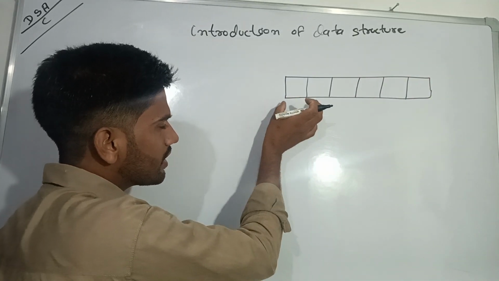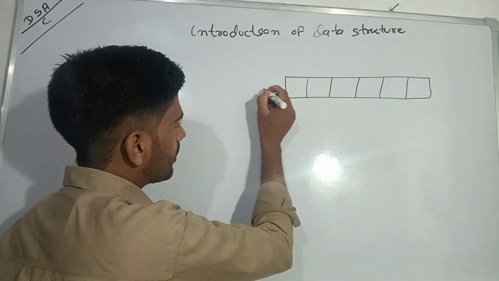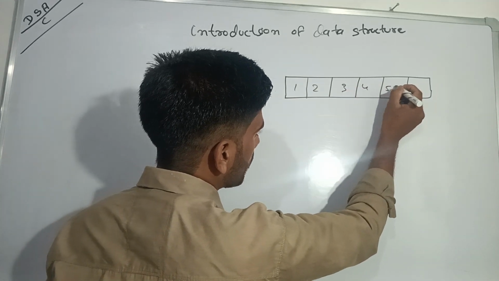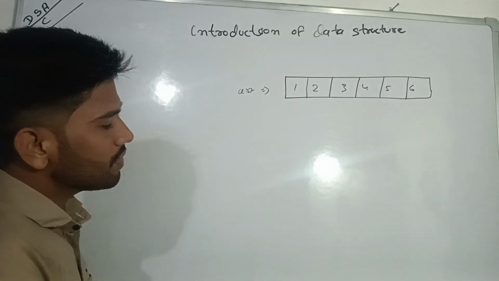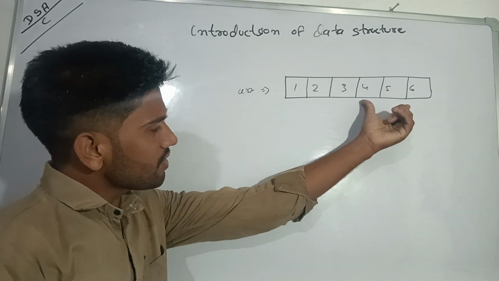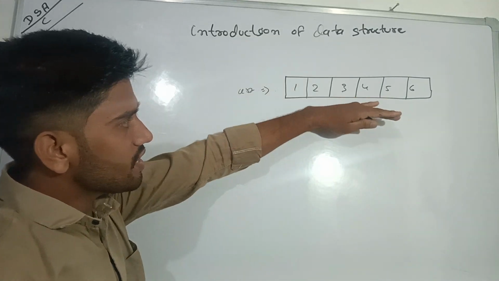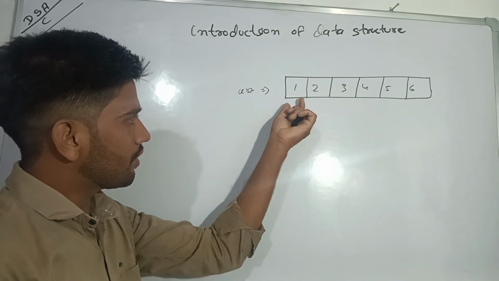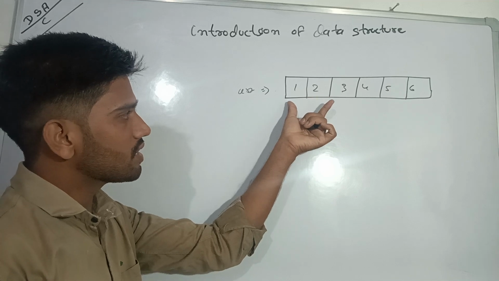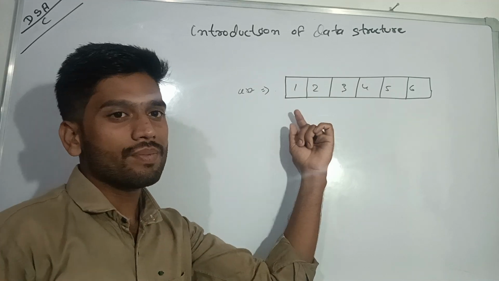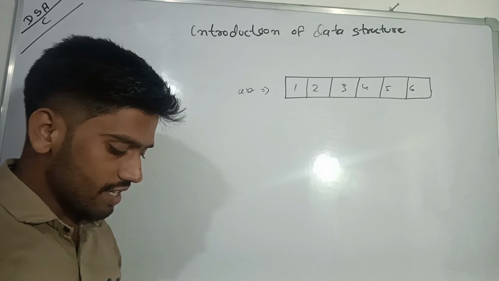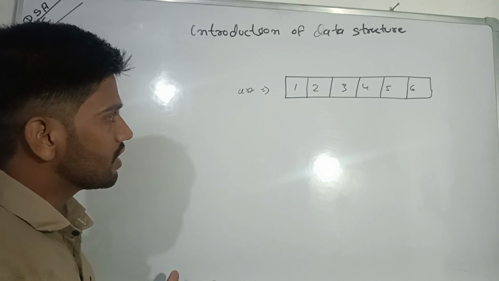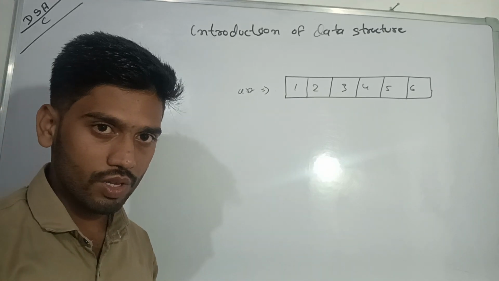In the memory, the array 1 2 3 4 5 6 has been arranged, managed and organized. From this we see that this is organized data in increasing order. That is the data structure where we can manage the data in the memory.